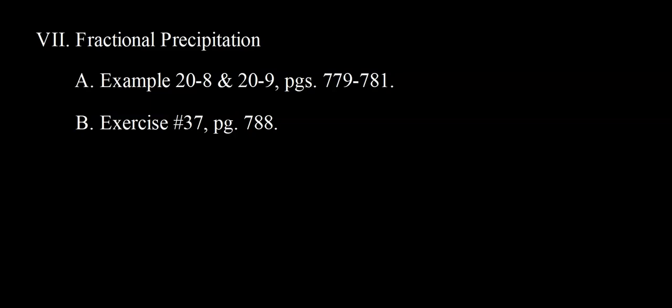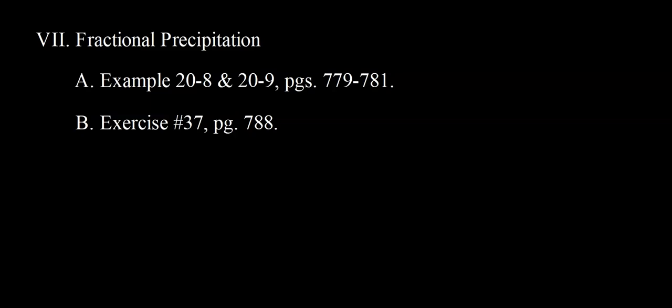Well, hopefully you understand that the precipitate that will form first is the one that requires the smallest concentration of silver ions. So looking at our values here, the precipitate that requires the smallest concentration of silver ions is the silver iodide. So it will form first.